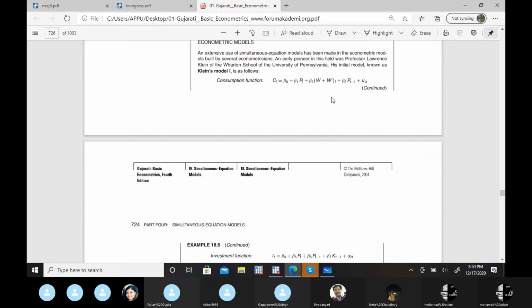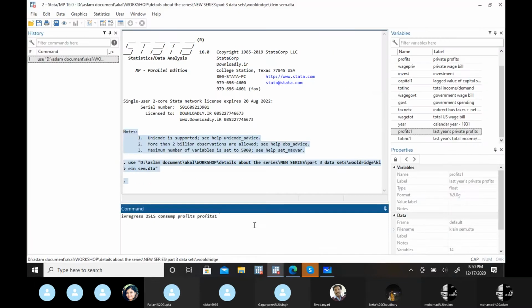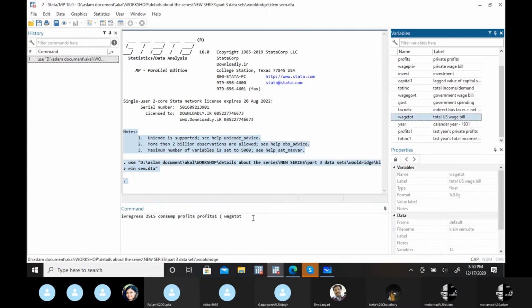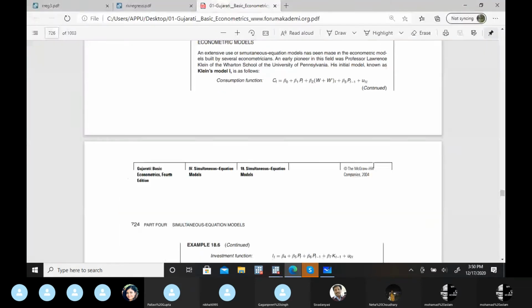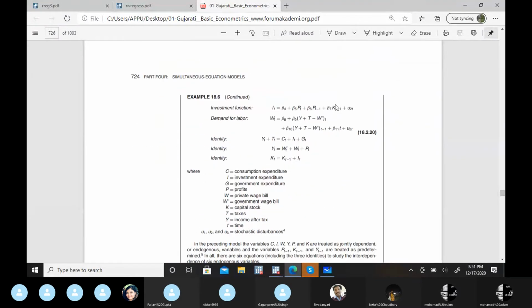Now we have to add the endogenous variable. For the endogenous variable in 2SLS, you have to specify. Now the endogenous variable is this total wage. And this total wage you have to specify equal to, now here you have to specify that this wage will depend upon this equation wherever you have wage as a dependent variable.